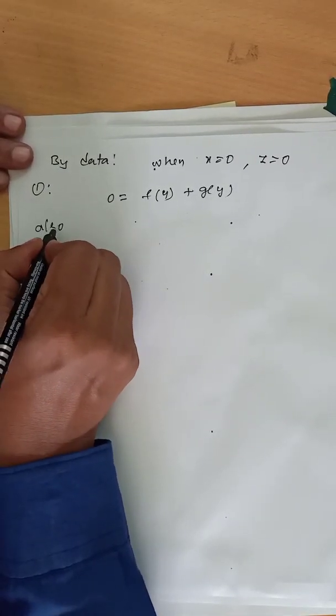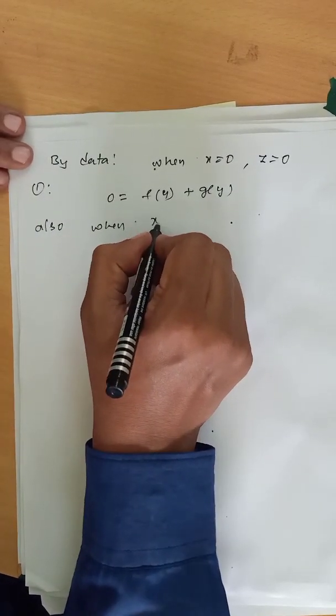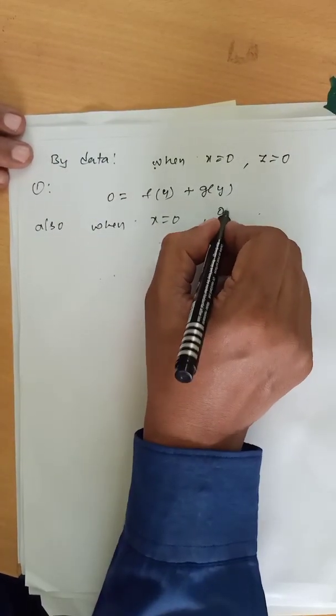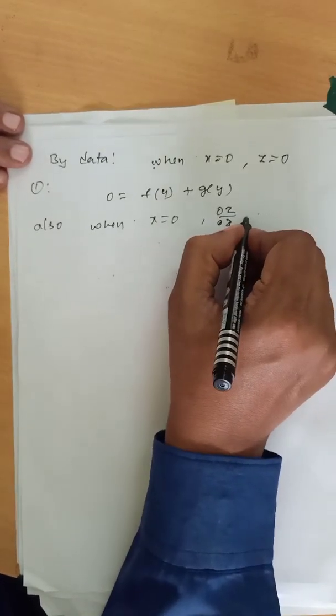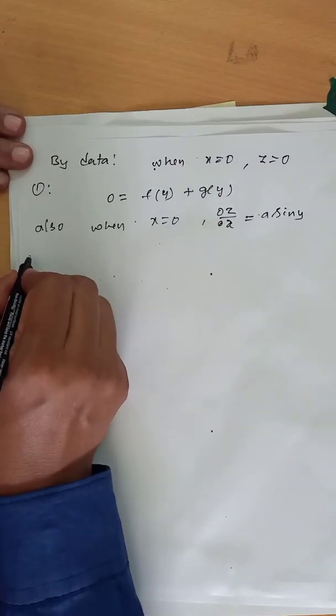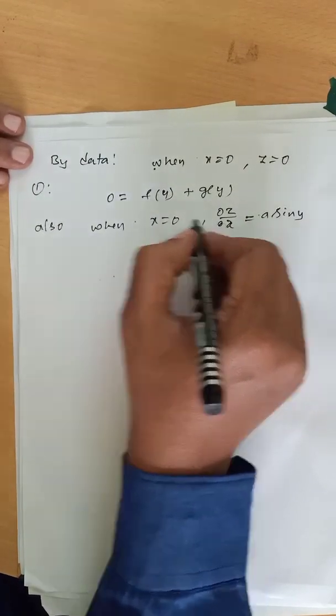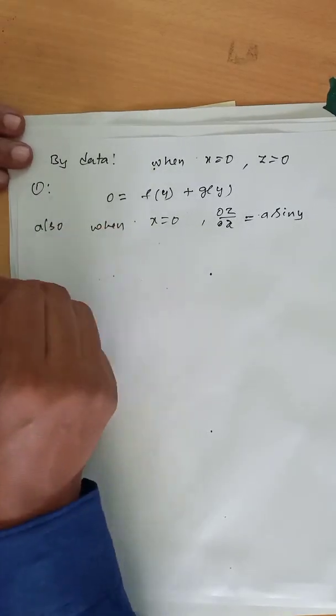Also consider the second condition: x = 0, ∂z/∂x = a sin y. We don't have ∂z/∂x, we have only equation 1 in the form of z.